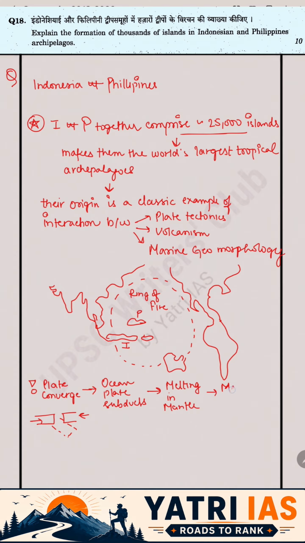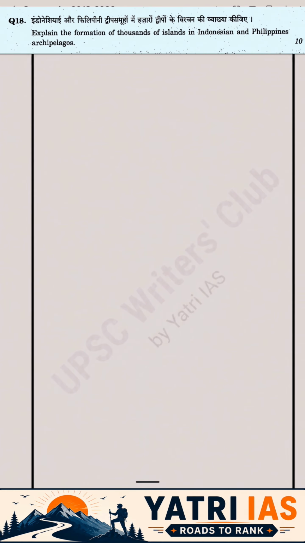With this, magma rises, and with the rise of magma, you see volcanic island arc formation. So this is a flowchart to make your understanding deeper, and then you will start your answer by citing the reasons for it.